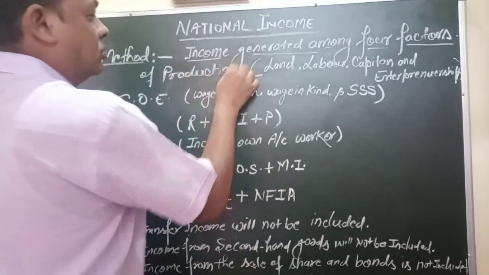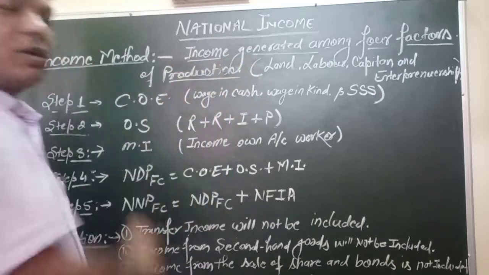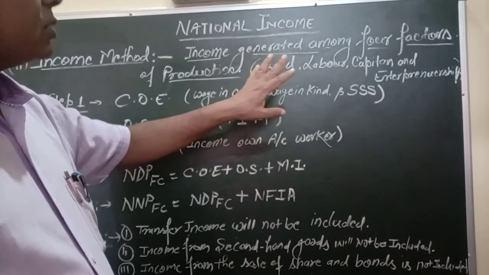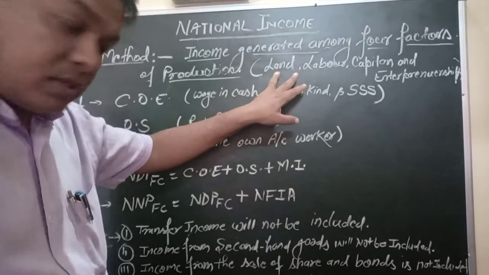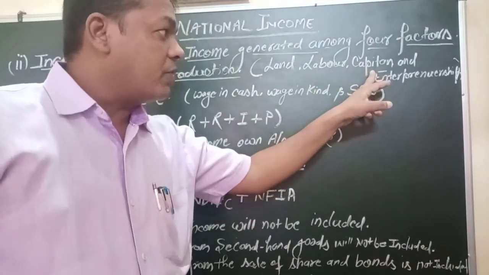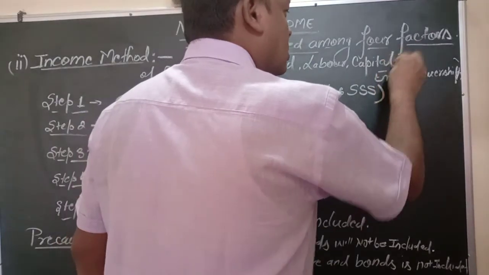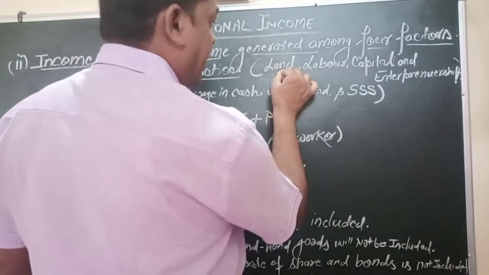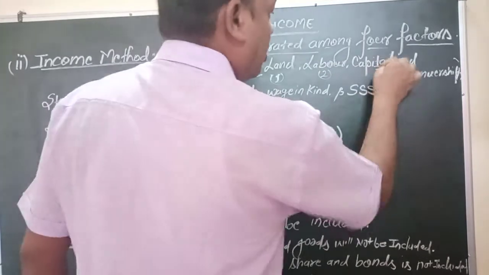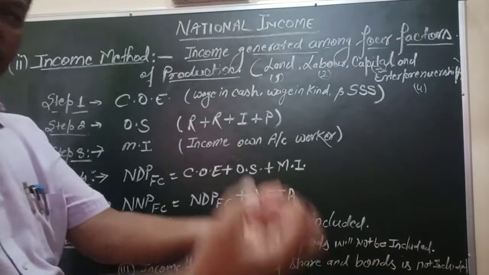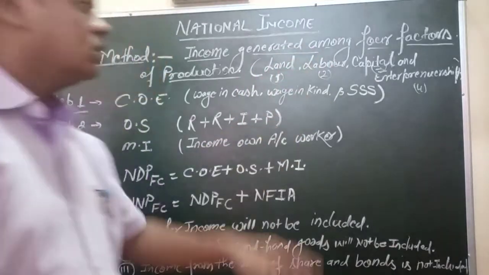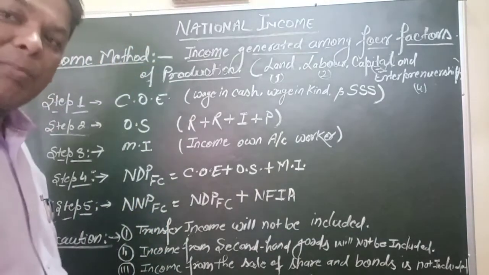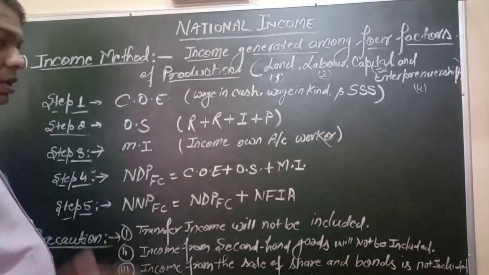First we saw land, second labor, third capital, and the fourth entrepreneurship. Whatever income is generated from these four factors, we have to include in this, and then we directly get the national income by the income method.